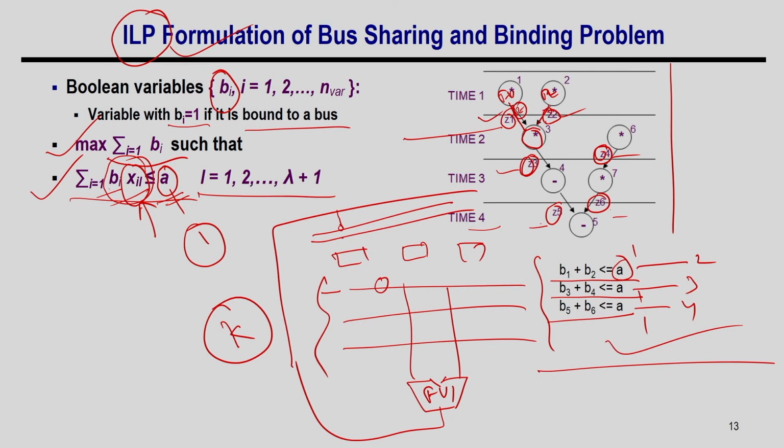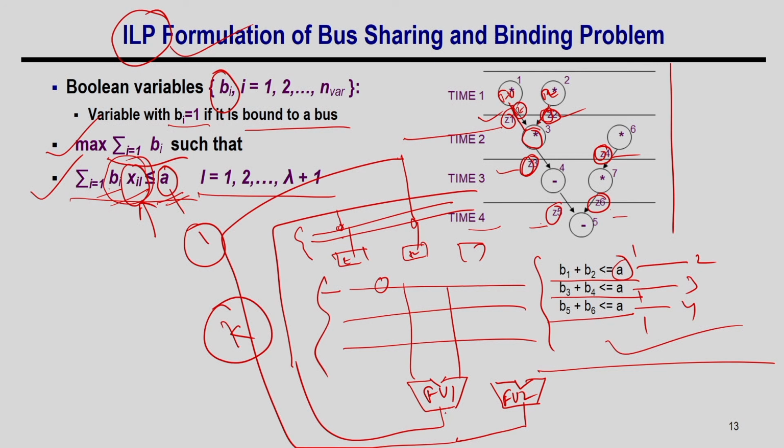Similarly, for Z2, because this is Z1, this is Z2, now say this is your FU2. Okay. So, this FU2 output also needs to go to this Z2. So, you have to probably make a switch here and a switch here, so that this connection can be made, right. So, you have to identify how many buses are needed here to make sure of this writing to these registers. Okay.